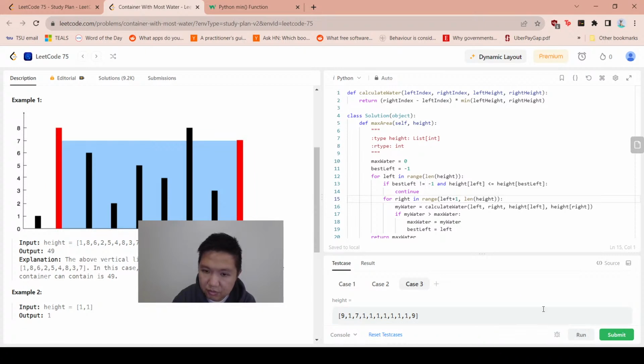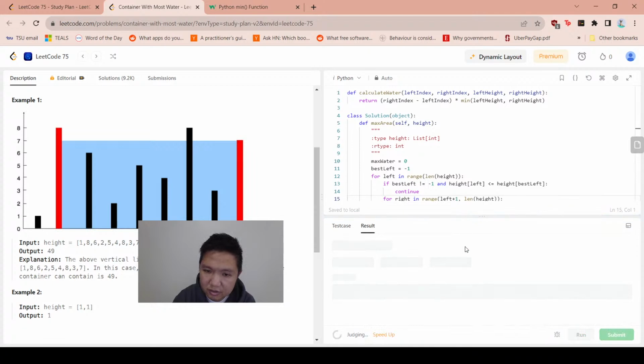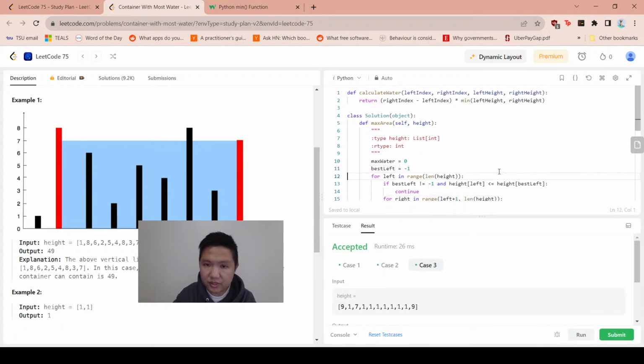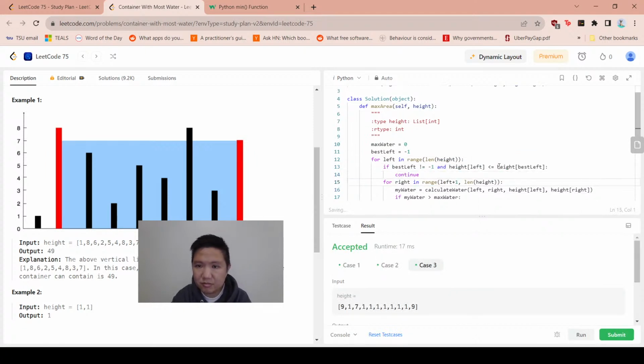This one will actually run much faster with my optimization than without this. Then again, it's 26 milliseconds. Yeah, okay. Anyway, this is one way to speed it up.